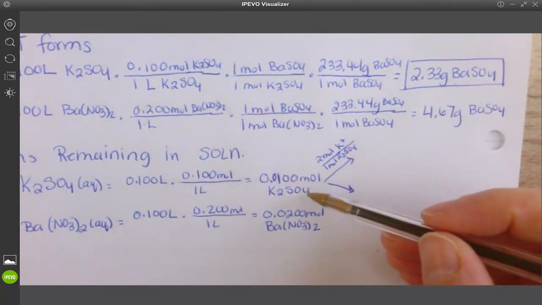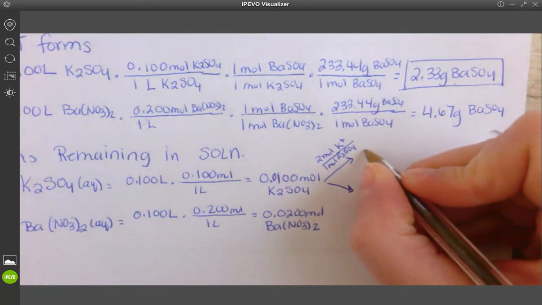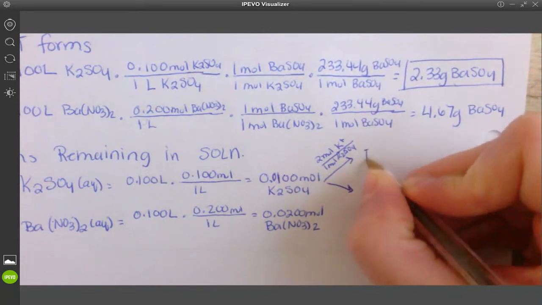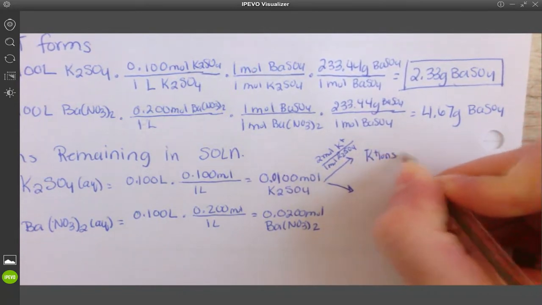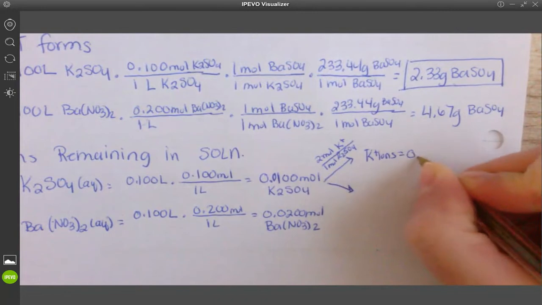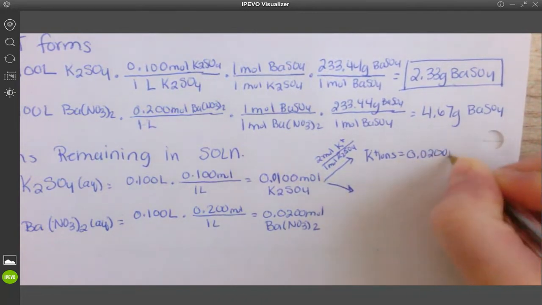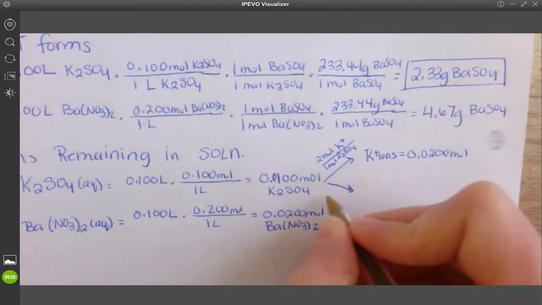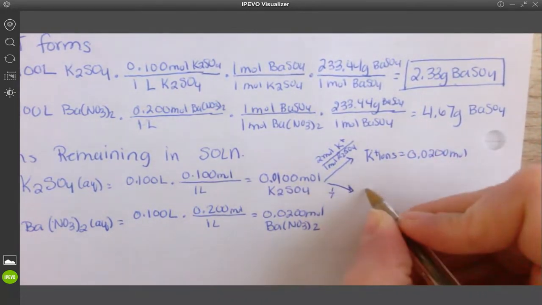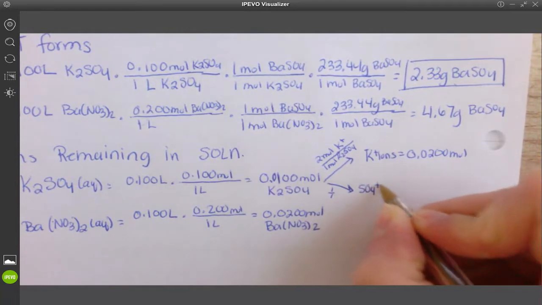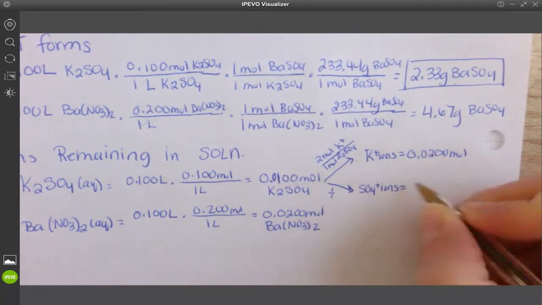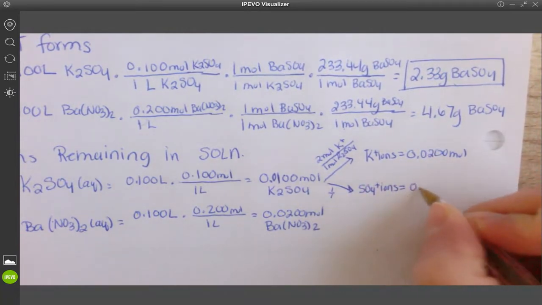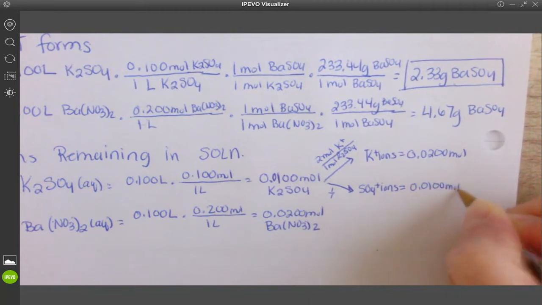So I'm just going to multiply that amount there to get my K plus ions equal to 0.0200 mole. Sulfate is just a 1-to-1. So for my SO4 2- ions, this would then be 0.0100 mole.